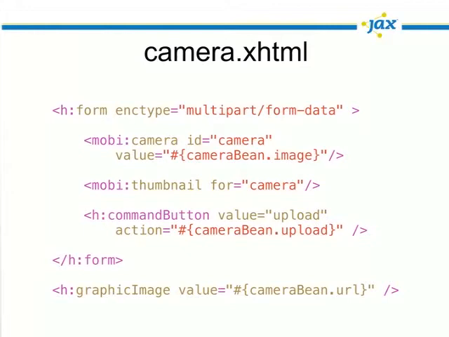So what do we need in that camera page? Well, we need a form. The encoding type of the form, strictly speaking, you don't have to set the encoding type if you're using the ICEfaces container. But if you want it to be portable between the ICEfaces container and, say, a desktop browser, you'll want to set the encoding type to be multipart form data.